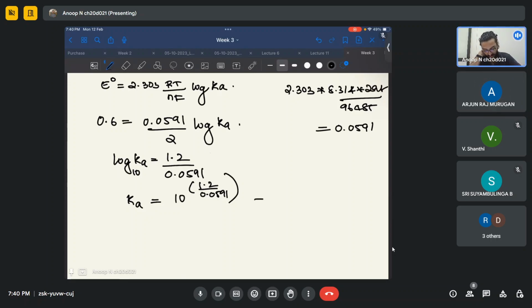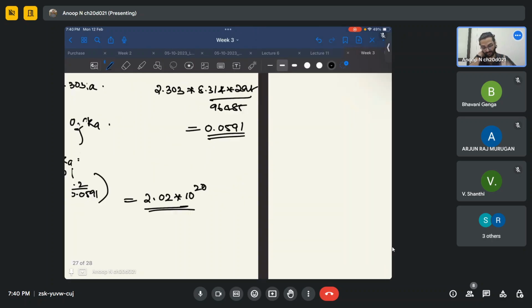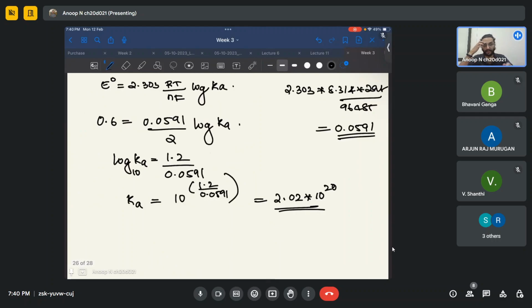So this value will come like 2.02 into 10 raised to 20. Always try to remember this value and substitute it directly, so it will save your time. Wait a minute, if someone wants to write, let them finish. Okay, shall we move to the next problem?